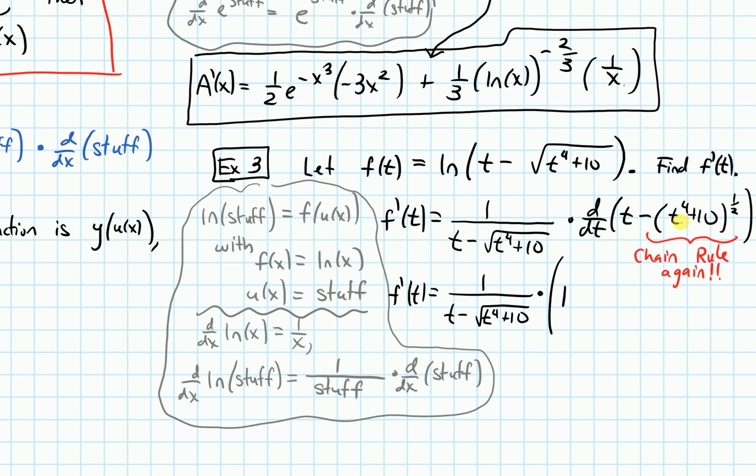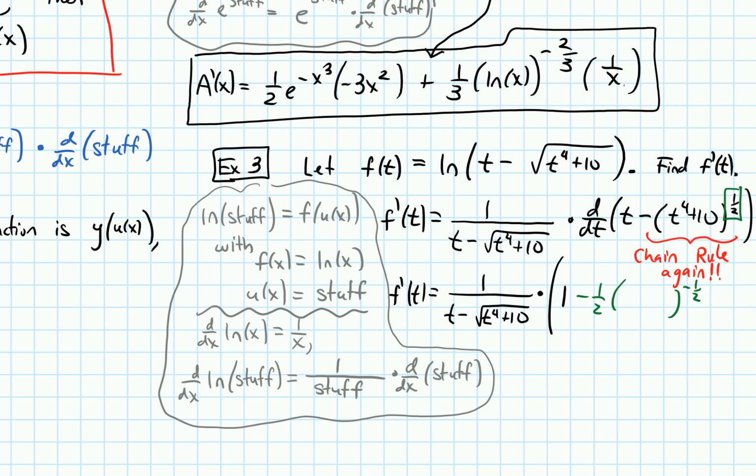That one's not too bad. And now for this whole thing to the 1/2 power, we need chain rule. First, we deal with the outside portion. The outside portion is actually the fact that I have t to the 1/2 technically. I have to deal with that power, because the power is the outside portion. So the power rule says bring that power down, and then subtract 1 from the power. So I'll get negative 1/2 as the power.